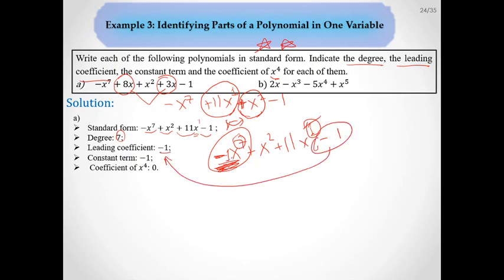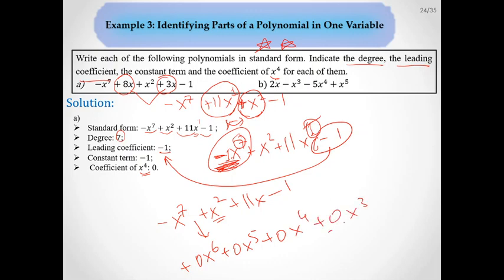And the coefficient of x to the 4th: look, we have x to the 7th and then we jump to x squared. So the missing ones, like x to the 6th, 5th, 4th, and cubed, automatically have coefficients of 0.